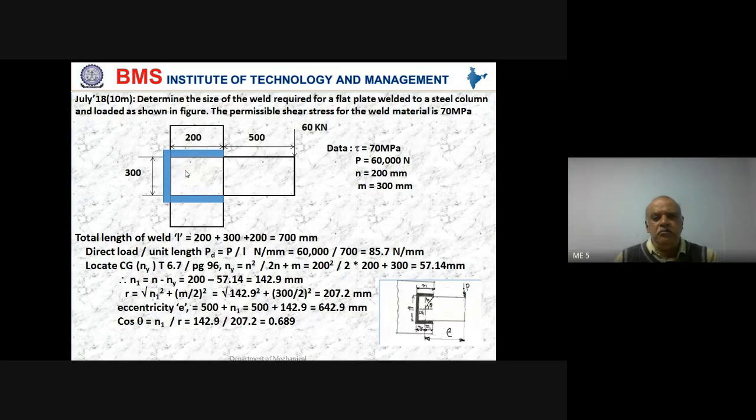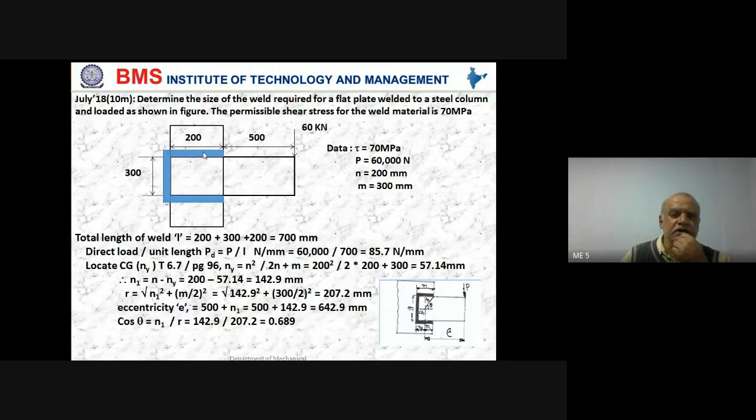Please note this sketch also. Whatever blue line is shown here represents the weld. Normally in question papers they may indicate it with lines or a grid-like pattern. Here I have shown it by blue lines. This represents the weld.